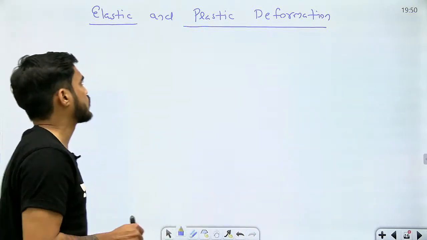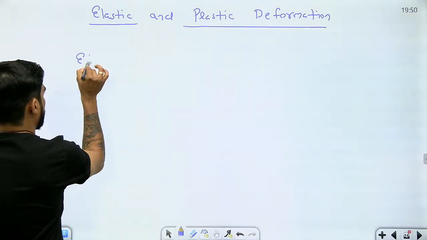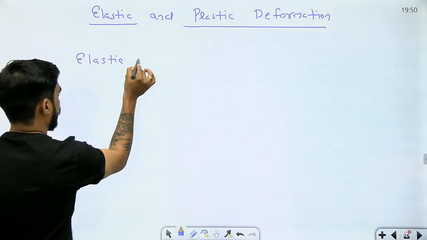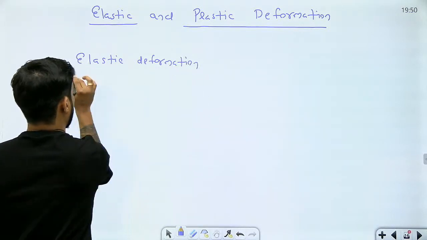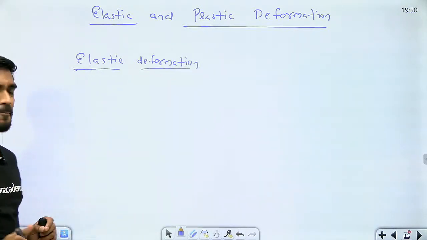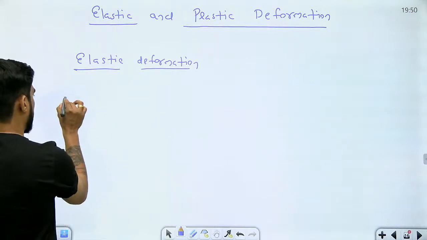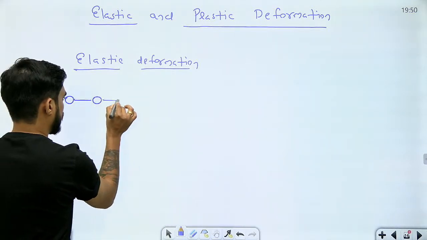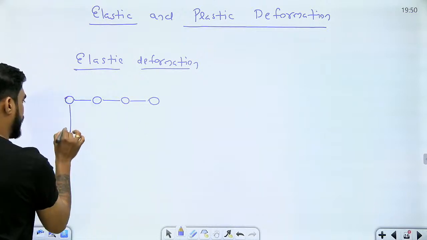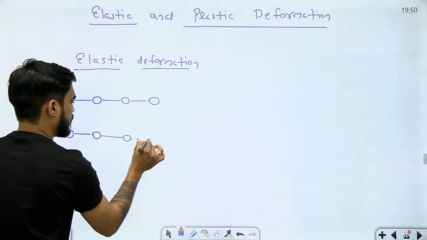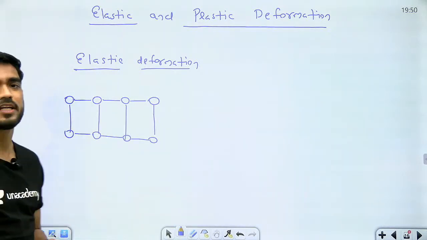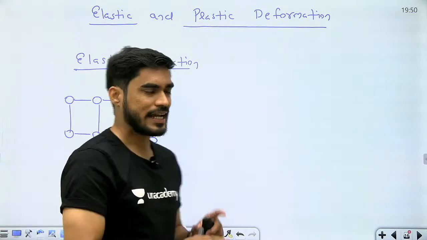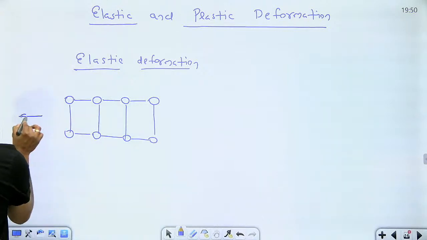Okay, so let me explain what is elastic deformation. What is elastic deformation? Okay, so let's say we have these atoms inside the material which are connected to each other by means of bonds. And now I am applying a tensile load.